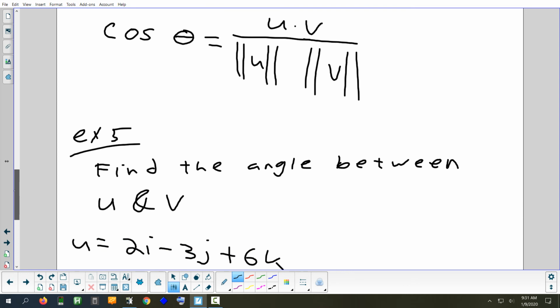Dot product is done. Can someone remind me, what did we get for the dot product? Negative 5.